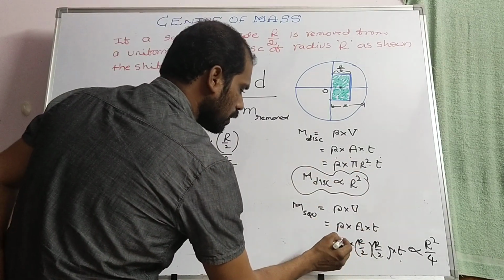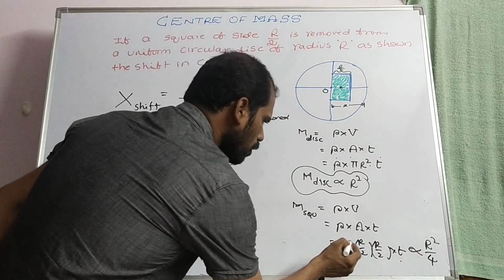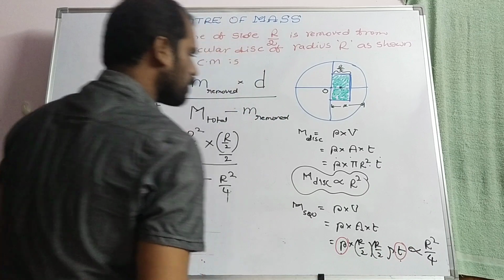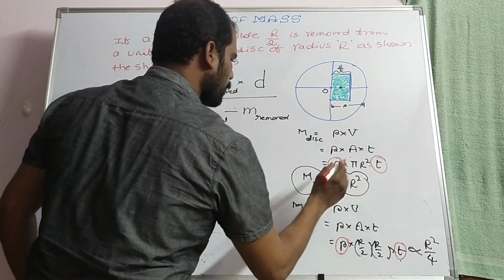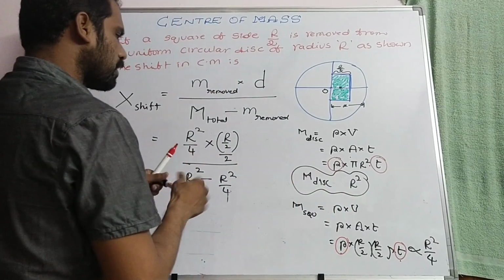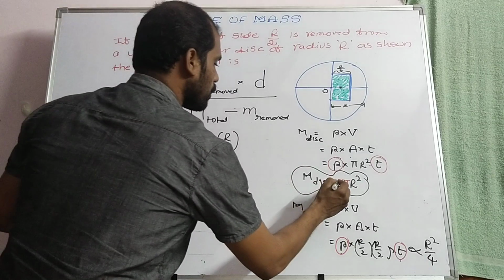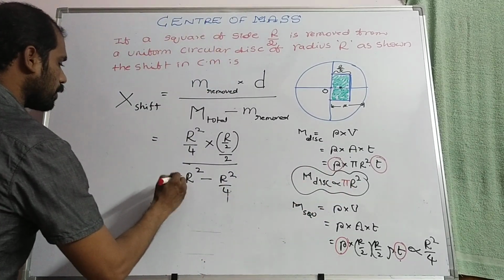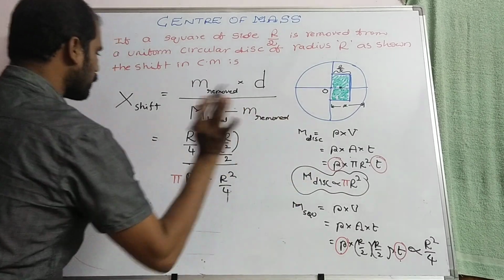Here density is constant as well as thickness constant, but not pi. So m disc is proportional to pi r square. We have to write pi r square, sorry, that was missed by me. We have to keep pi r square here. The remaining will be the same, just we have to keep pi.